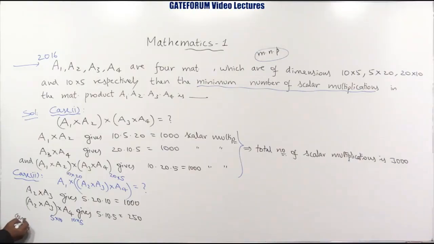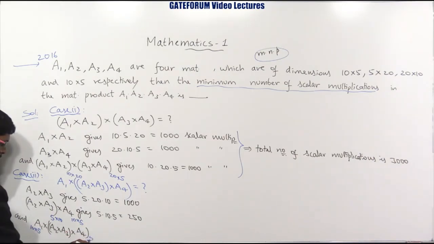And what is the last step? Multiplication of these 2 steps. That means this step pre-multiplied by A1: A1 into the bracket A2 into A3 into A4. This A1 order is 10 into 5. This bracket order is 5 into 5.